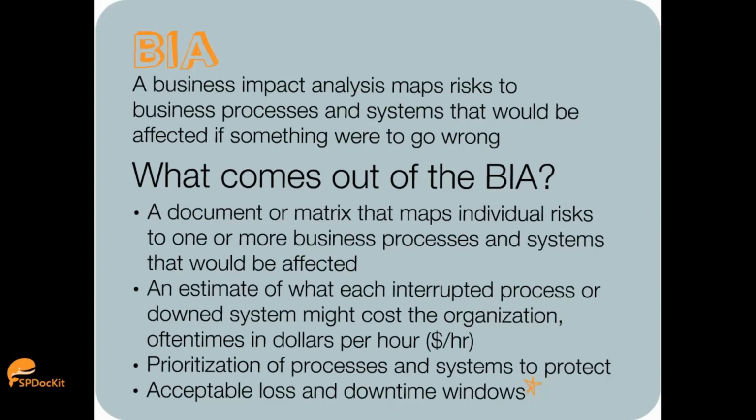And so the business impact analysis is very important for a few reasons. We're driving towards this matrix that I'm talking about, but what we're also trying to do is determine an estimate or quantify in some way, shape, or form what an interrupted process means to our organization. And we oftentimes do this in dollars per hour.